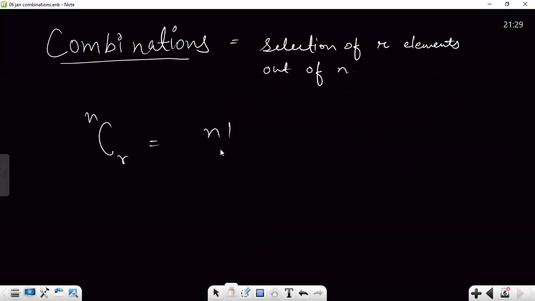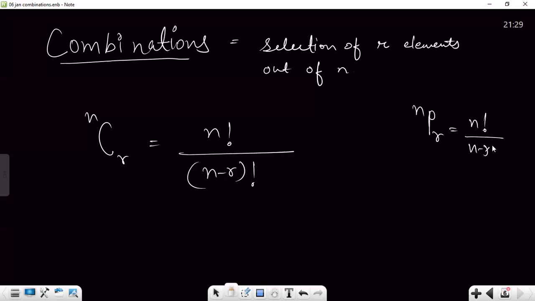Now, how do we write it? nCr, its formula is n factorial upon n minus r factorial, divided by r factorial. The permutation was n factorial upon n minus r factorial, where we were arranging our things. If we arrange our things, that is r factorial.